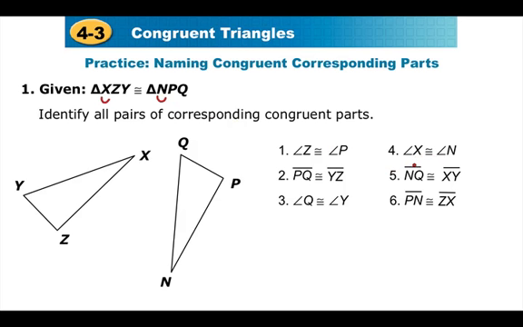Let's look at a side. Say that I want to see which side is congruent to PQ. I look at PQ, the last 2 letters here. So I look at this, and it's going to have to be XY, or YZ. And you can come up with all the answers using this idea. Moving on to the next slide.